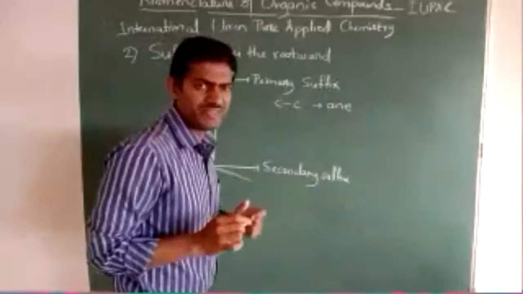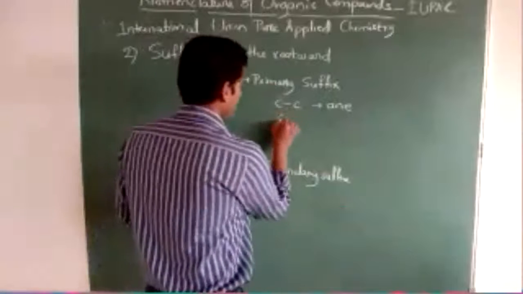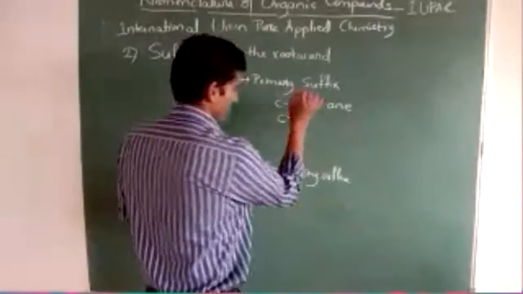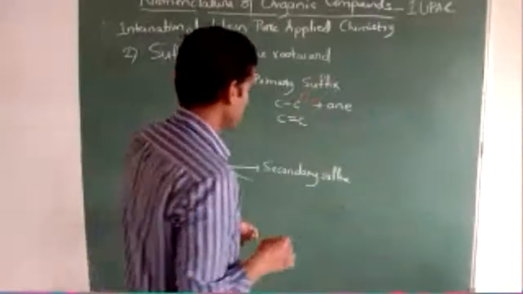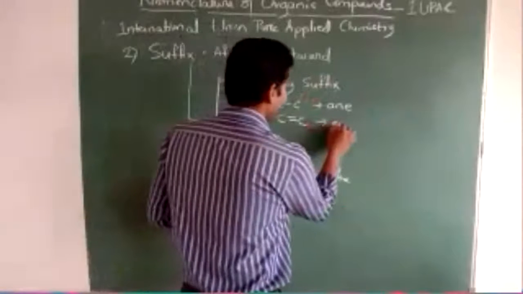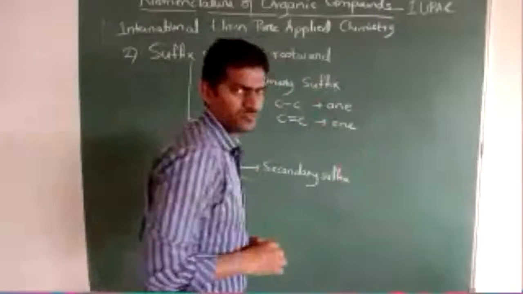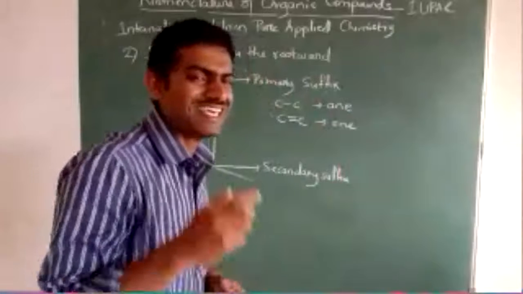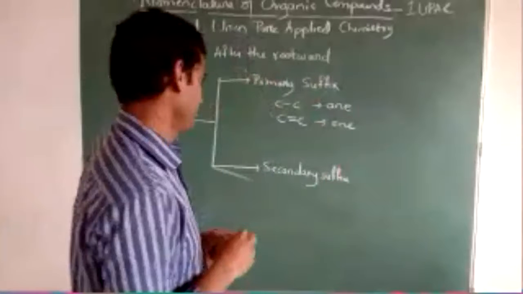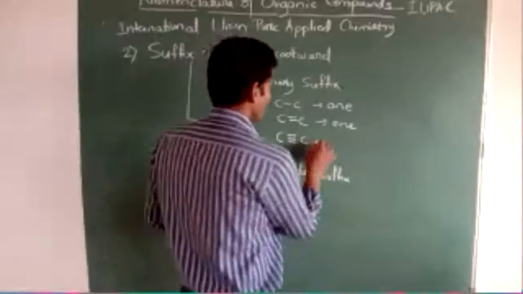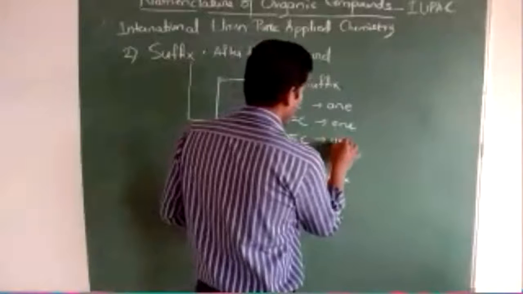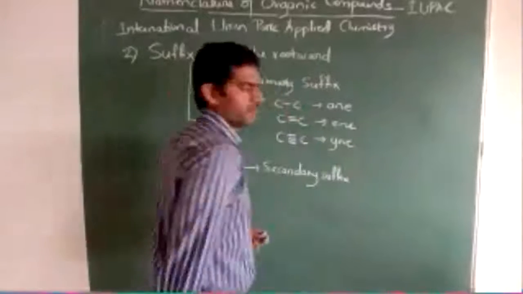Next, if the carbon is having a double bond, like carbon double bond carbon, that time we are going to use ENE as the suffix. Next, if you are having carbon triple bond carbon, we are going to use the suffix YNE.